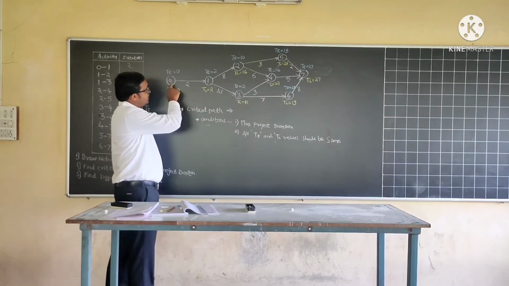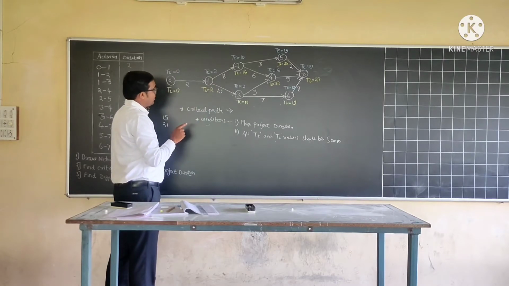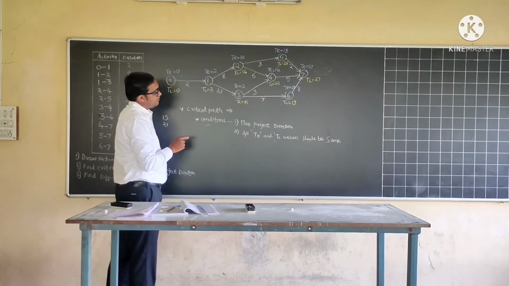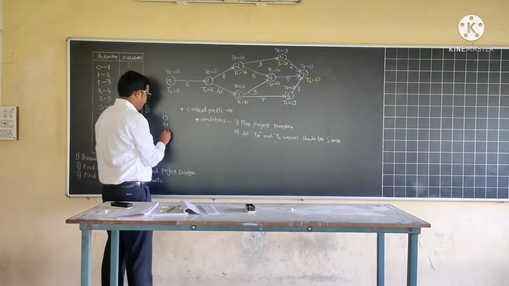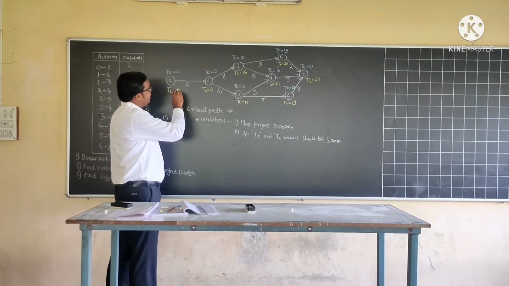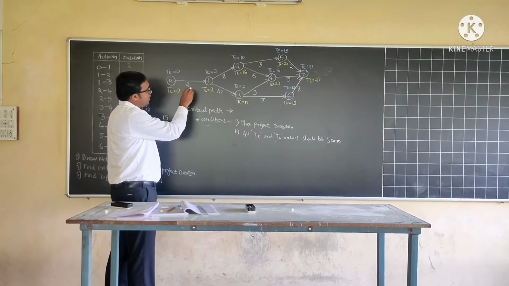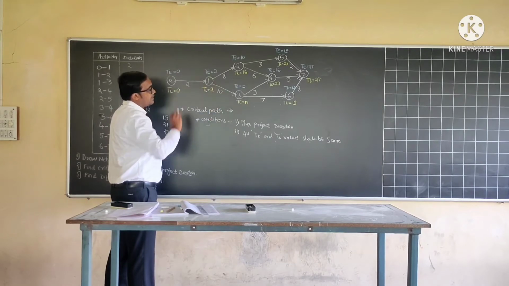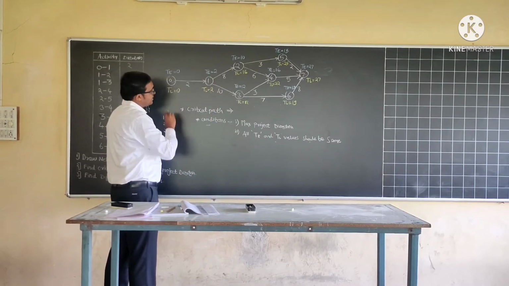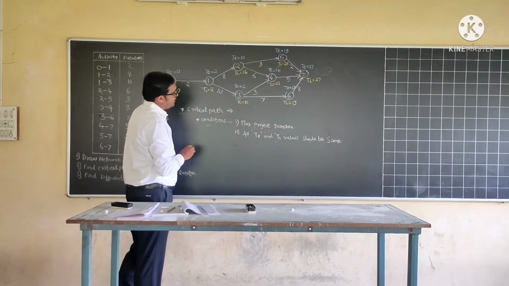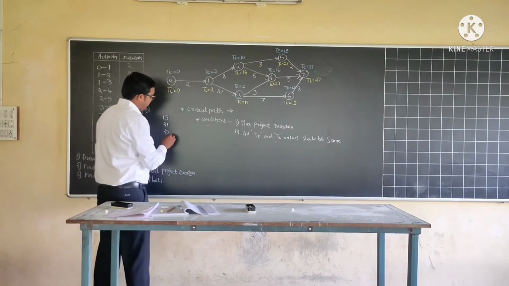Third is 0 to 1, 1 to 3, 3 to 4 and 4 to 7. So 2 plus 10, 12, 15, and plus 5, 25. And lastly 0 to 1, 1 to 3, 3 to 6 and 6 to 7. So 2 plus 12, 19 plus 8, 27.